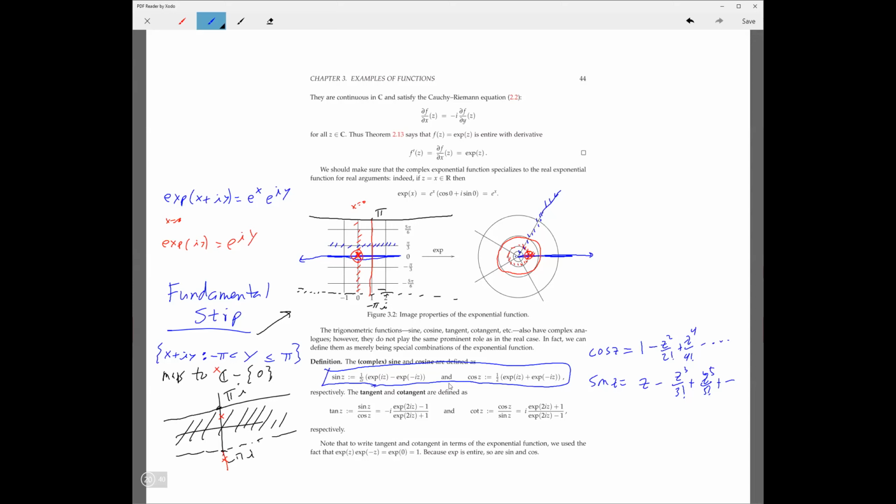I can see the logic in defining it this way because we haven't gotten to infinite series yet, so that's probably a good thing to define it this way. But later on, if you remember your calculus 2, these are just the Maclaurin series expansions for cosine and sine. Okay, so those are the sines right there.